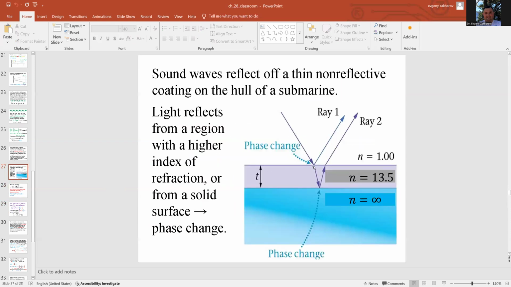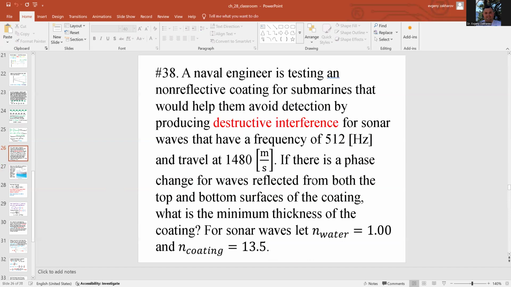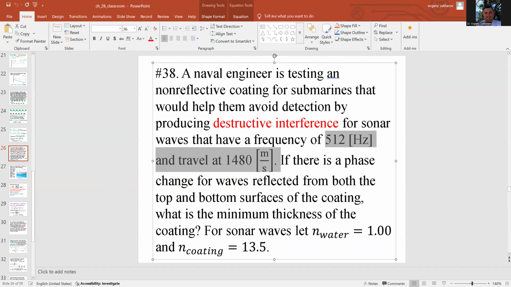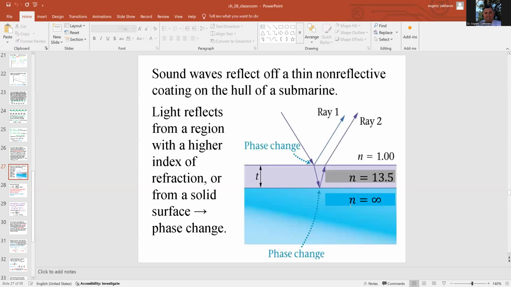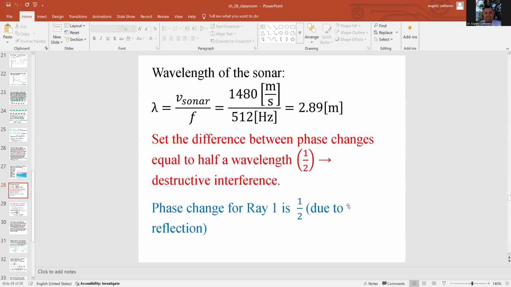Because you're traveling all the way through downward and then you go back upward, so it's t plus a t. What else? Every time there is a frequency and a certain speed given, you can always solve for the wavelength. And that's pretty much it. Those are all the comments.